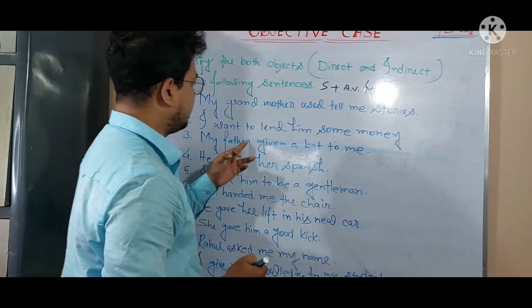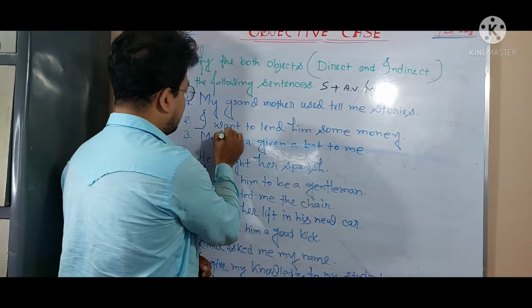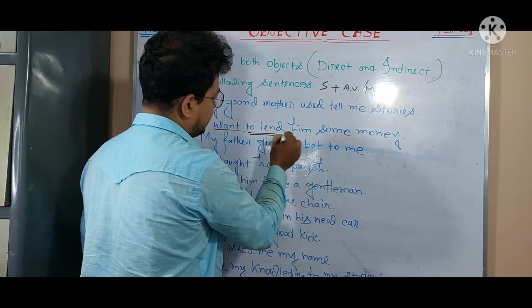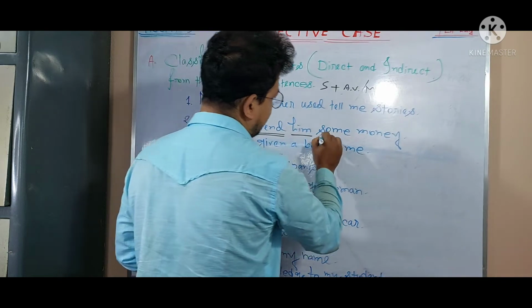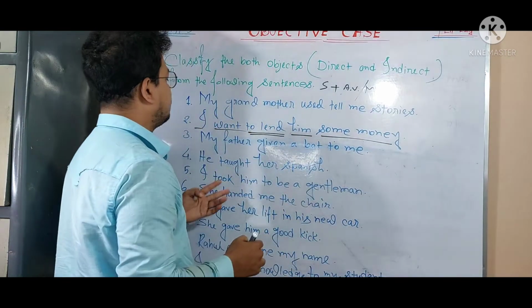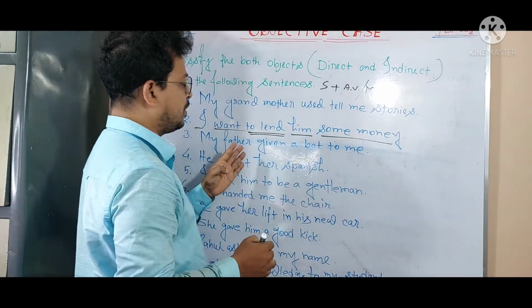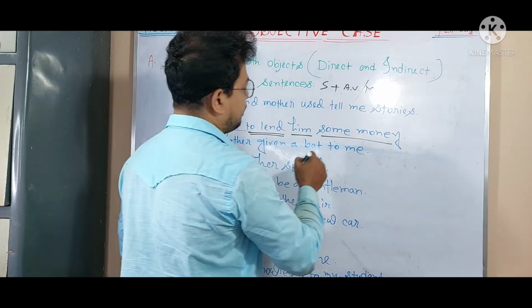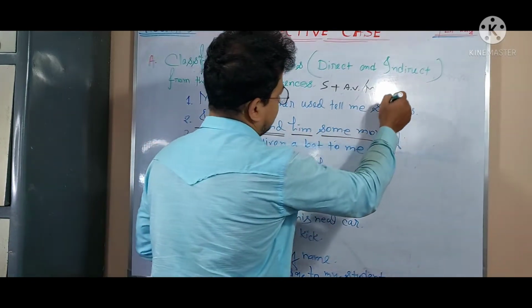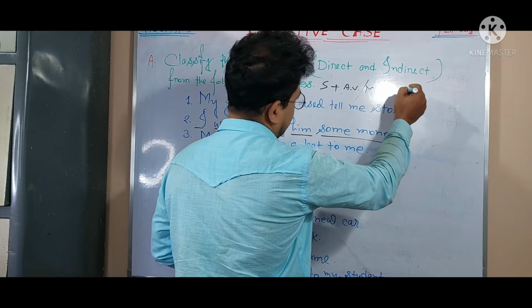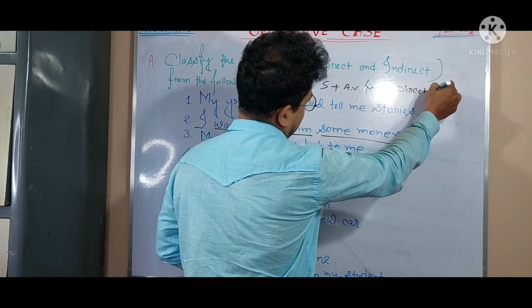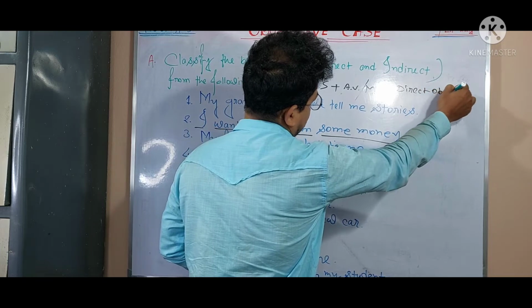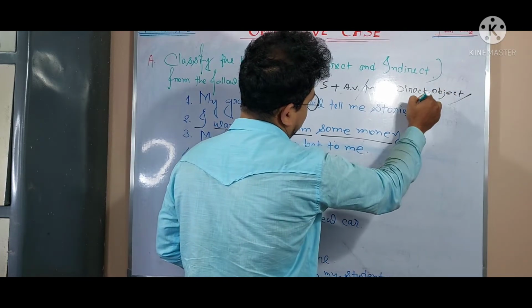One example is there: I want to lend, this is an infinitive, to lend him some money. So these types of sentences are also there: subject plus auxiliary verb or main verb plus an infinitive, and it could be a direct object or it could be indirect.